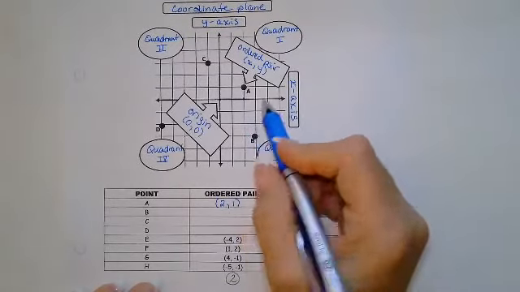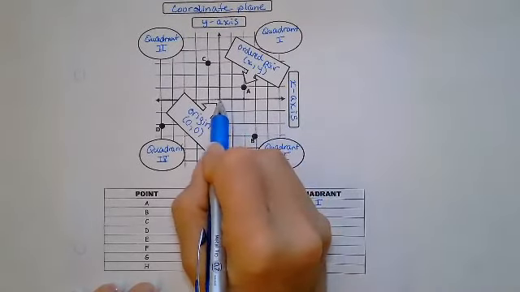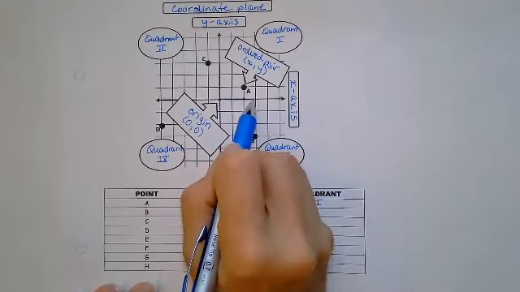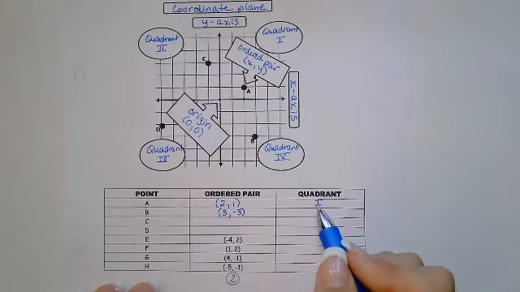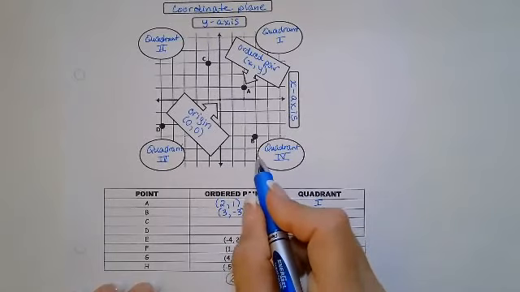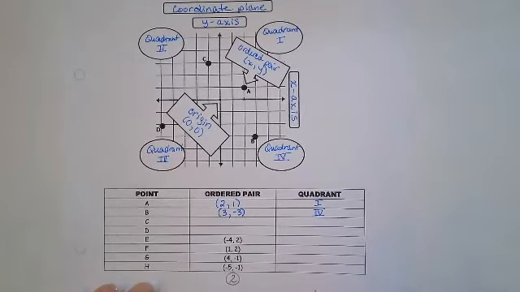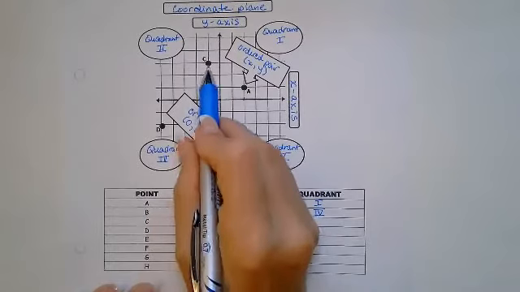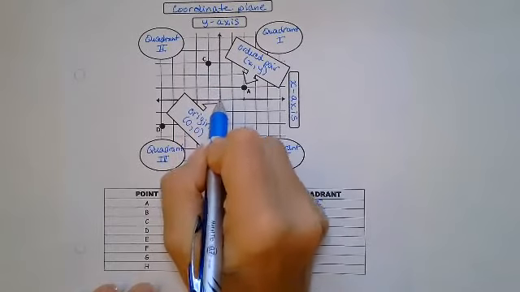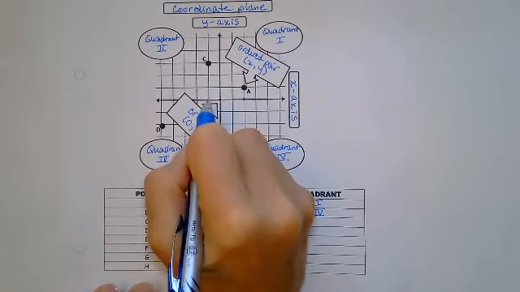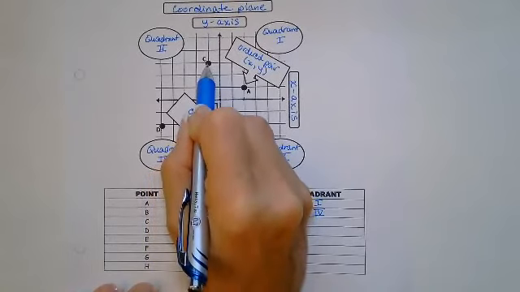Point B, right here. So to get to point B, I'm going to start at my origin. I'm going to go across 1, 2, 3, and then I'm going to go down. And it is in quadrant 4. Point C right here. So I'm going to again start at my origin. I'm going to go to -1 on the x-axis and then up 3.